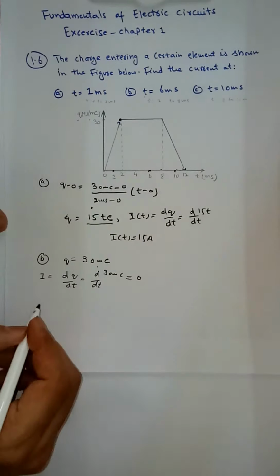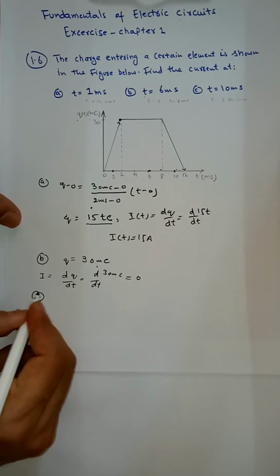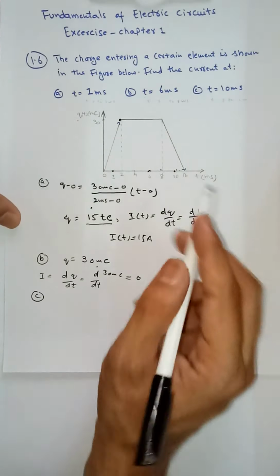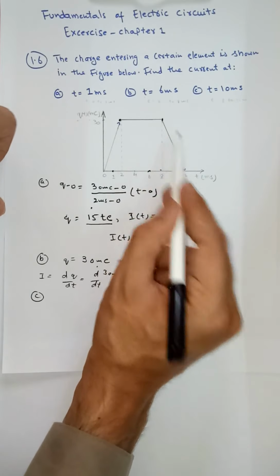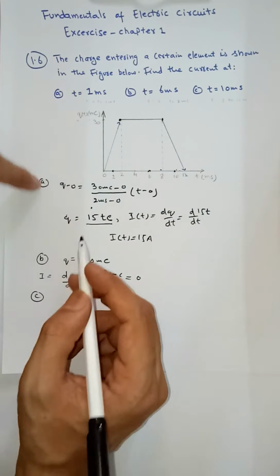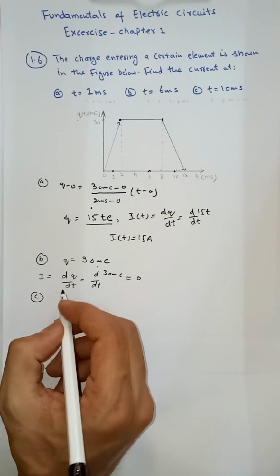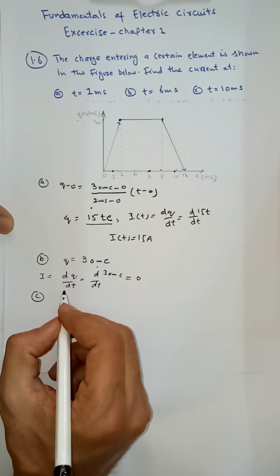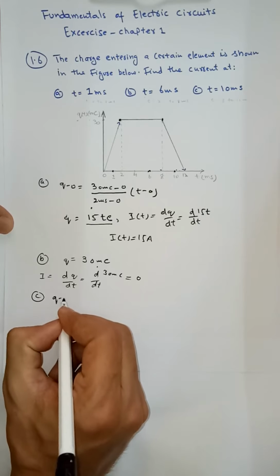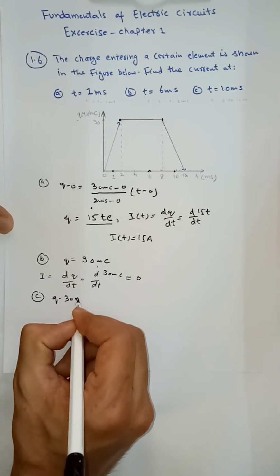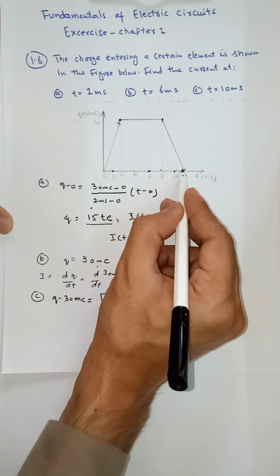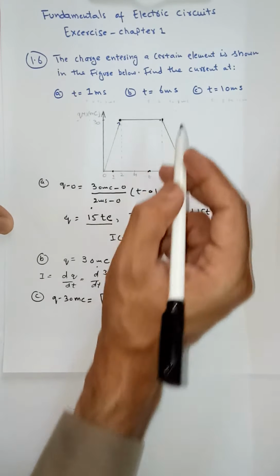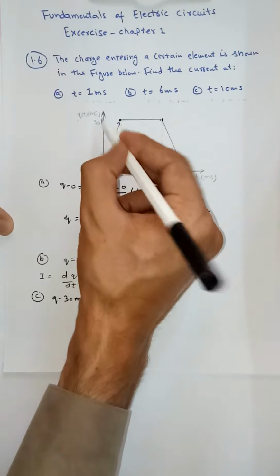For point C, now we are going like this, we have 2 points. So q minus 30 millicoulomb is equal to, no, this is 0 minus 30, this was 30 minus 0.